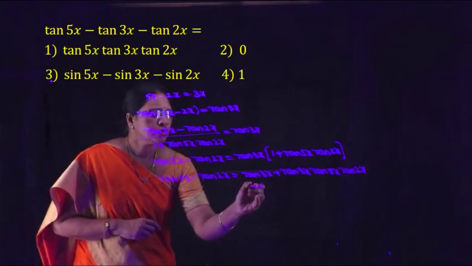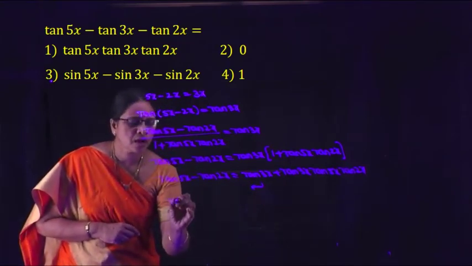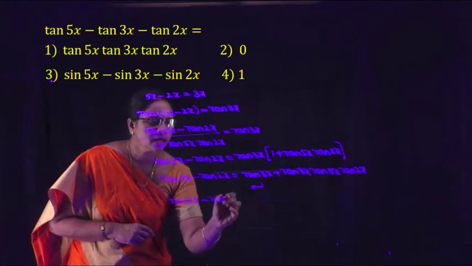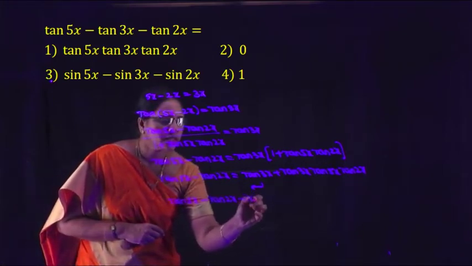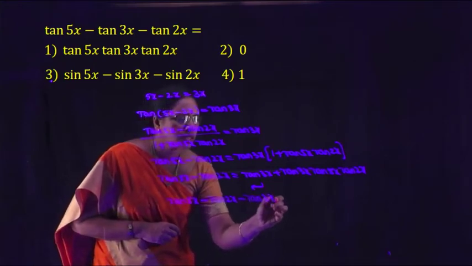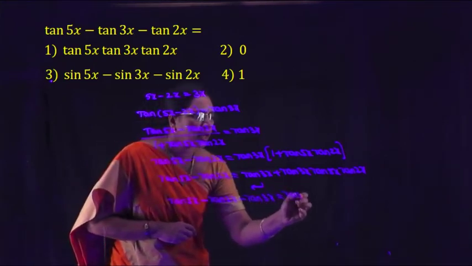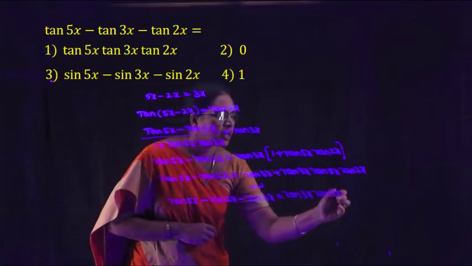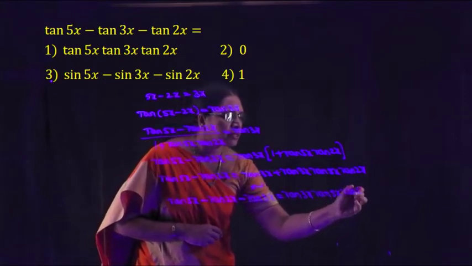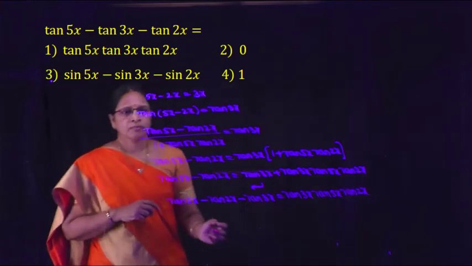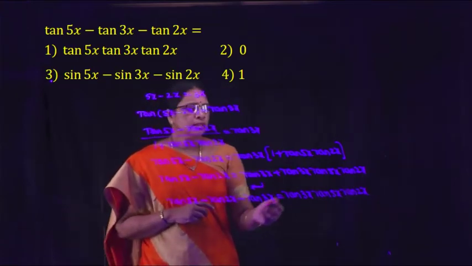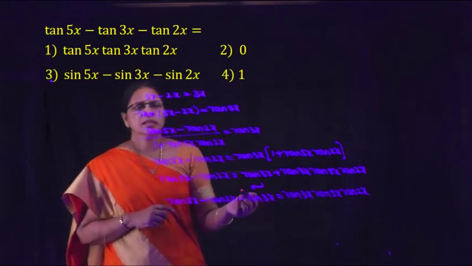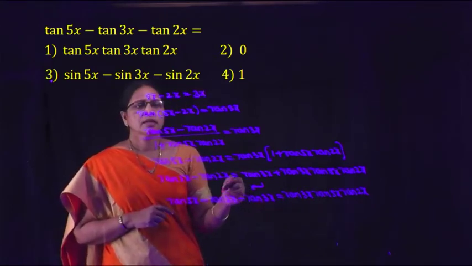Taking it to the left hand side, we have tan 5x minus tan 2x minus tan 3x is equal to tan 3x, tan 5x, tan 2x. Now the answer is tan 2x, tan 3x, tan 5x. Here the first option is the correct answer.